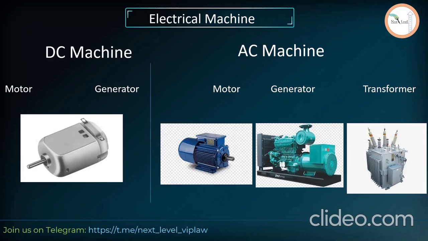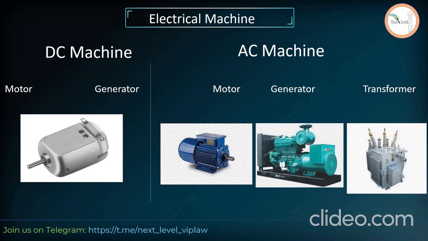Talking about AC machine, we have motor, generator and transformer. Motor itself is of two types, like induction type and synchronous type. Generator can also be of two types, like induction and synchronous, but we widely use the synchronous type generator.